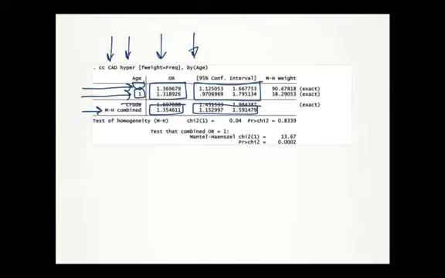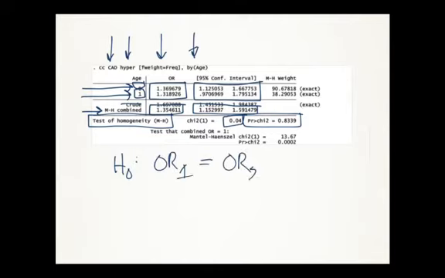But again, before we even get to this question of whether we can combine, we have to do this test of homogeneity. Here's the test statistic for the Mantel-Haenszel test for homogeneity, and the p-value was large, so we failed to reject. Remember, the null hypothesis was that the odds ratio in group 1 is equal to the odds ratio in group 2.